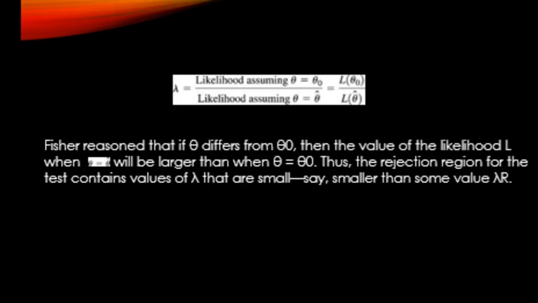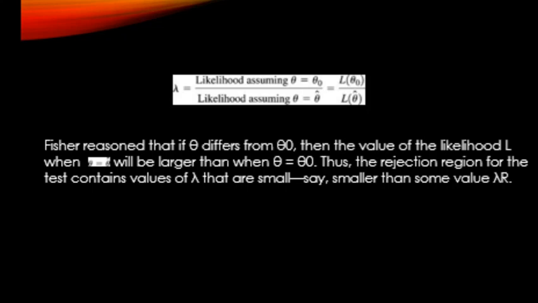So Fisher reasoned that if theta differs from theta 0, then the likelihood ratio will be small. Basically this is what we are saying: if theta differs from theta 0, then the value of the likelihood when theta equals theta hat will be larger than when theta equals theta 0.